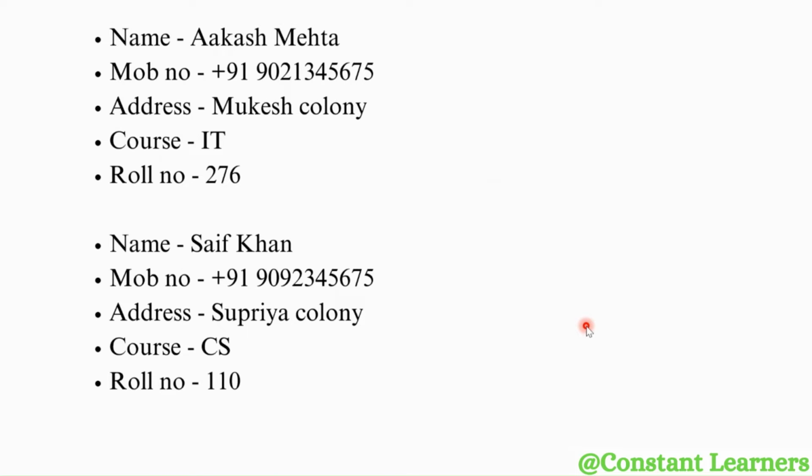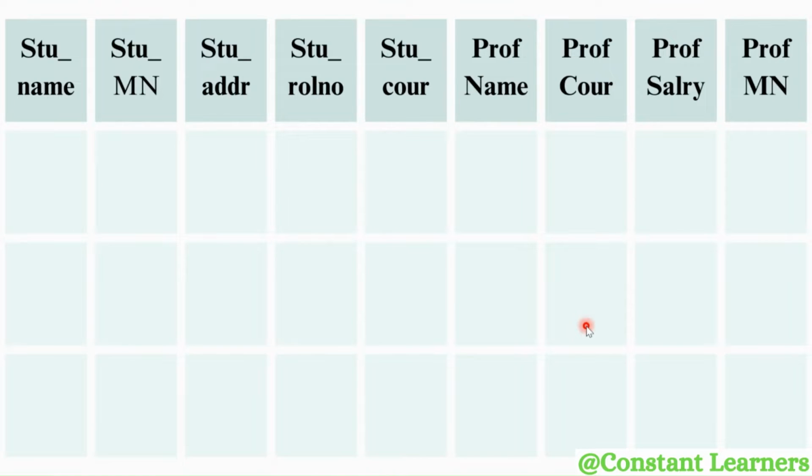So this is going to uselessly occupy the space, right? So what will be more manageable for us? Of course, storing the data in the form of tables. Because in tables, similar kinds of data can be stored together, right? But will only one table be enough? Let's say I'm storing the personal information, then fees information, marks, performance of students, professors' details, their salary details, everything in just one table.